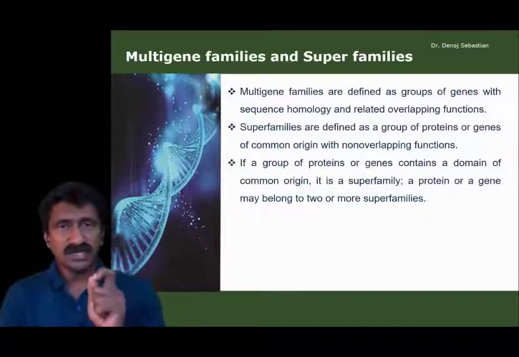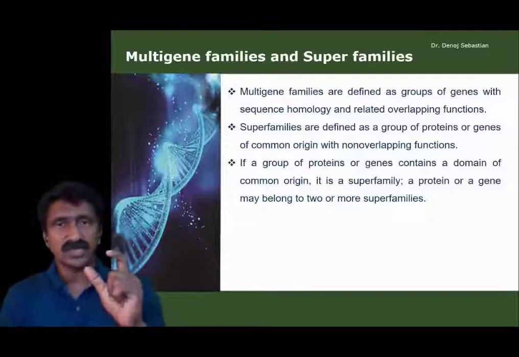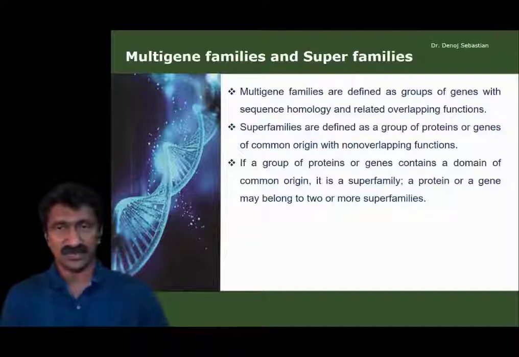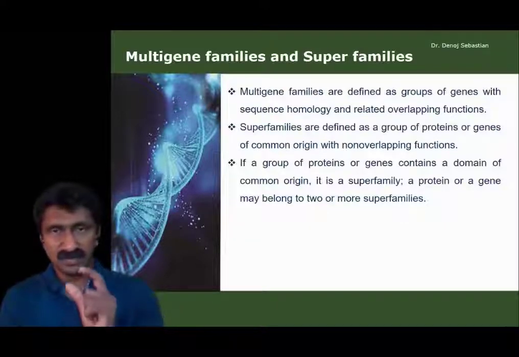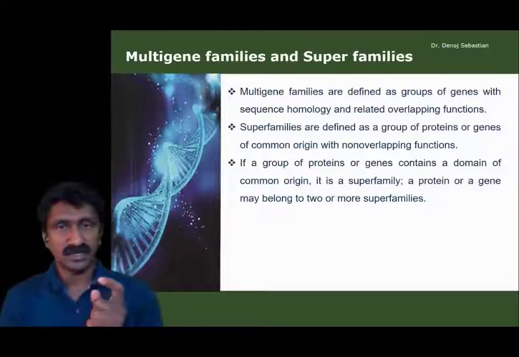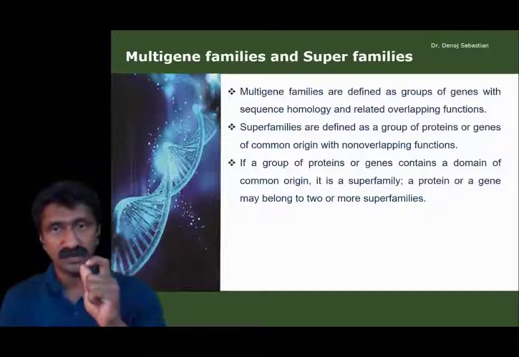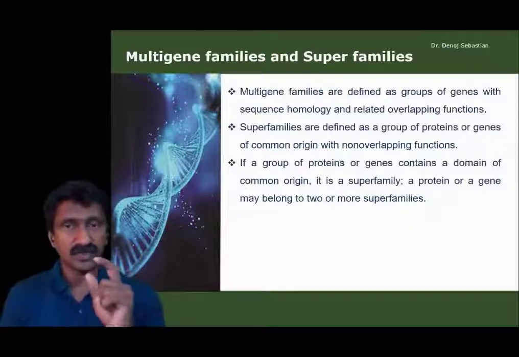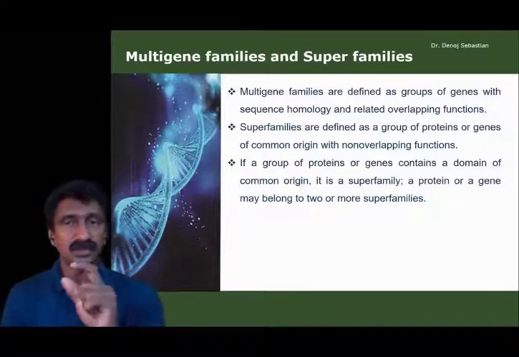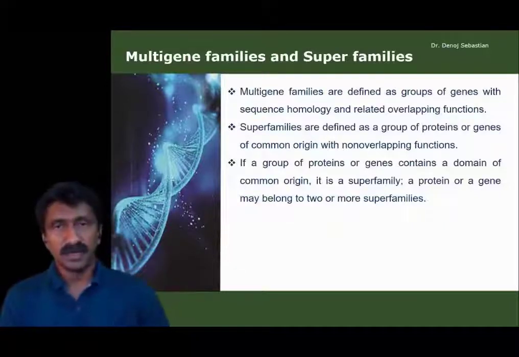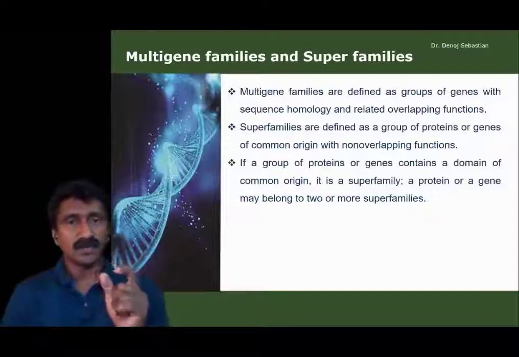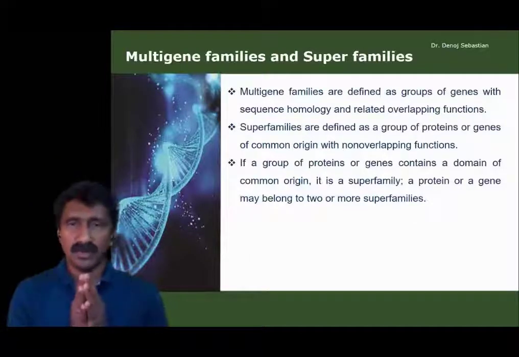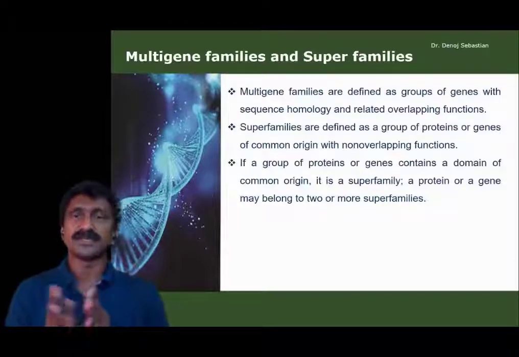Superfamilies are defined as a group of proteins or genes of a common origin with non-overlapping functions. So the difference between a superfamily and a multi-gene family is that in a multi-gene family we have overlapping functions, whereas in superfamilies the functions of the concerned proteins will not be overlapping. If a group of proteins or genes contain a domain of common origin, it is a superfamily.